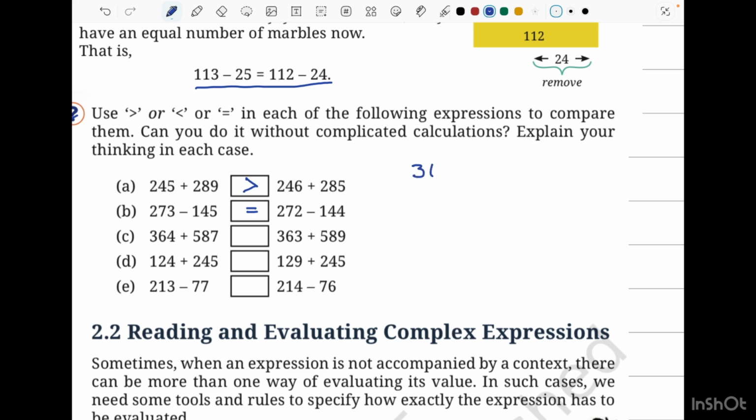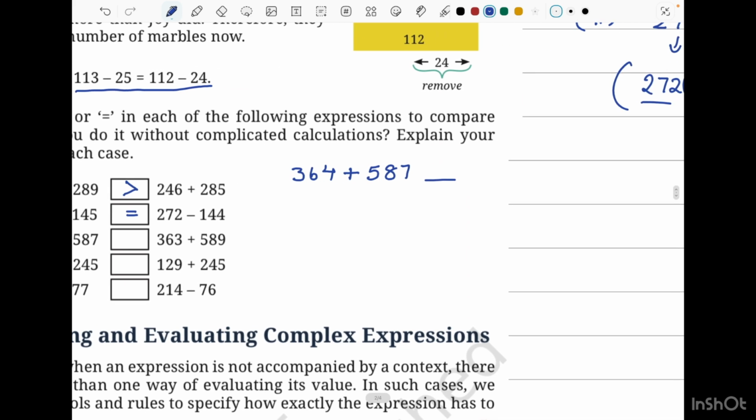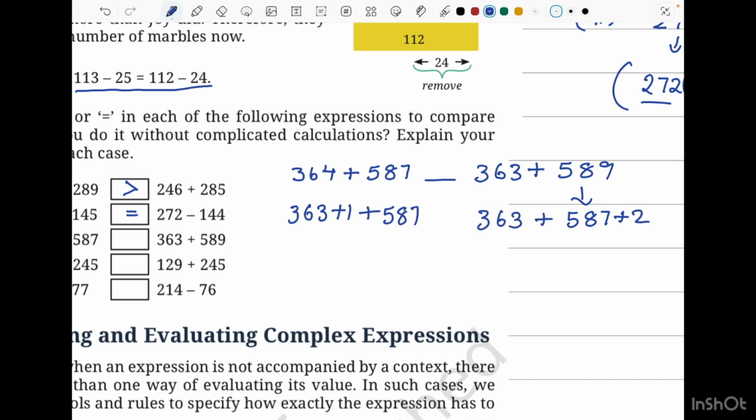Next question: 364 plus 587 and 363 plus 589. So we can split the greater values here: 363 plus 1 and here 587 plus 2.